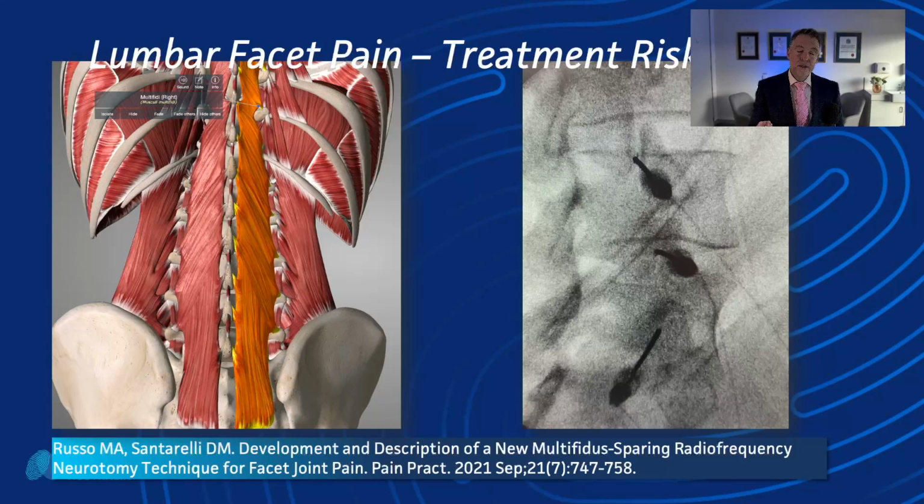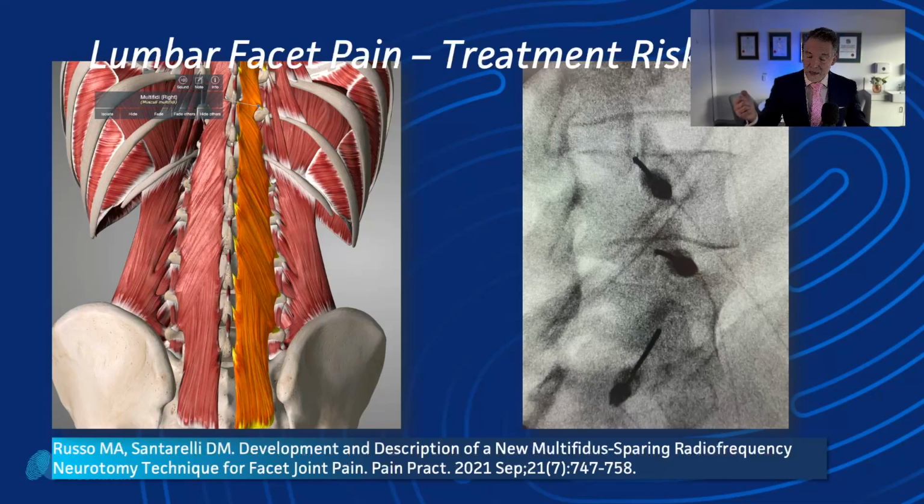So in days gone by, we used to be okay anesthetizing the medial branch nerve, doing a radiofrequency of the medial branch nerve, and getting some potential multifidus muscle weakness. Nowadays, we understand that the multifidus muscle might be a factor, and actually a cause, of chronic back pain. So we've devised different techniques to perform radiofrequency to reduce that risk of multifidus weakness.